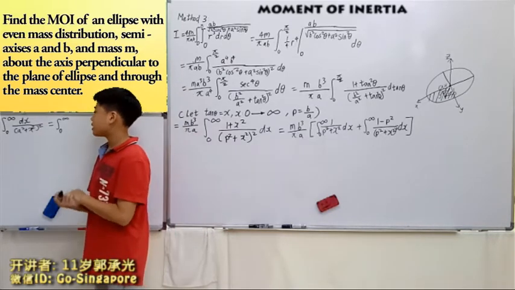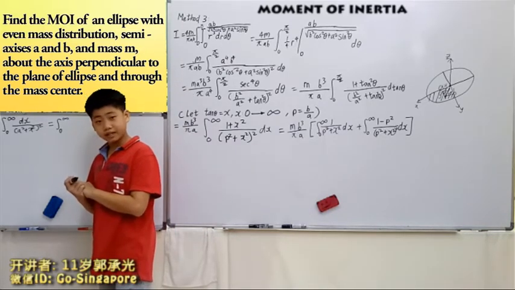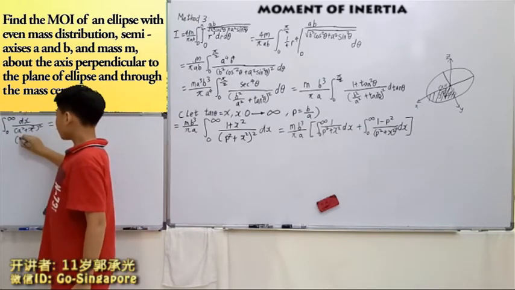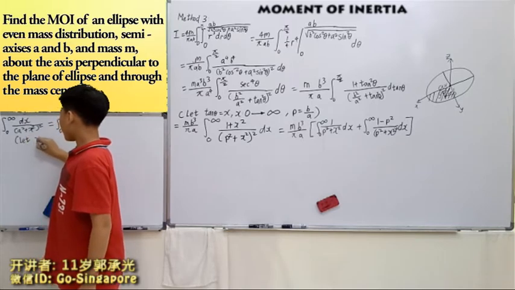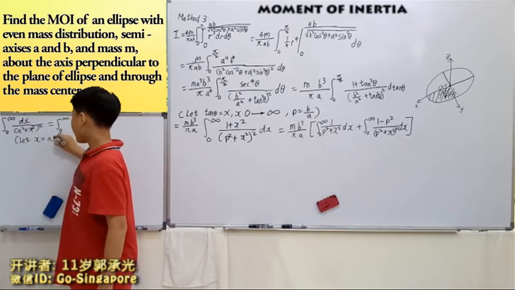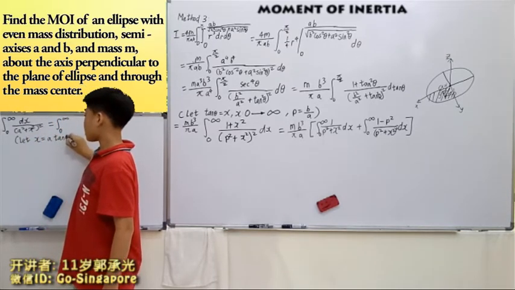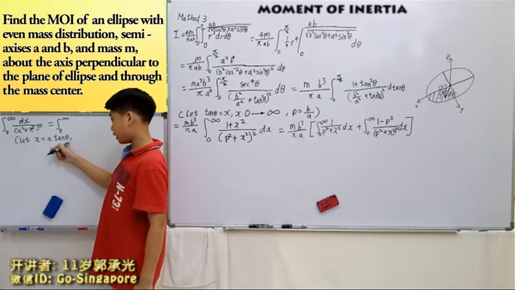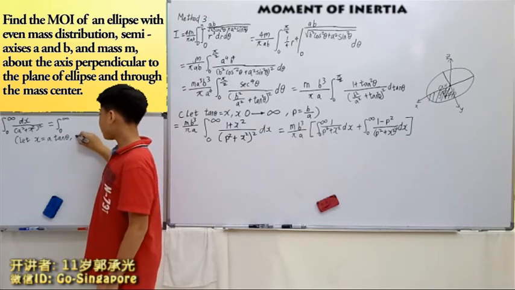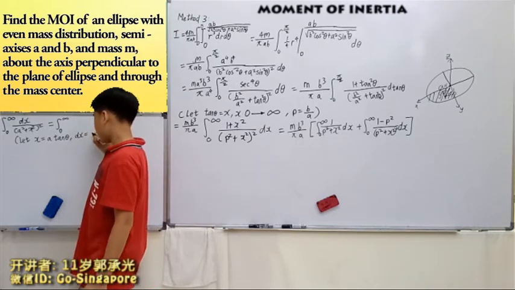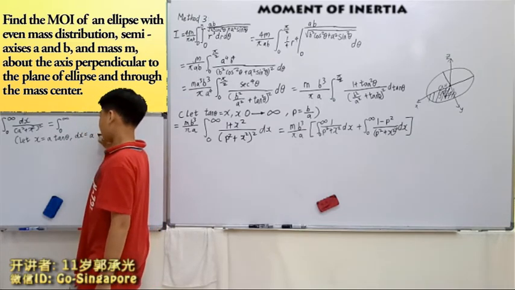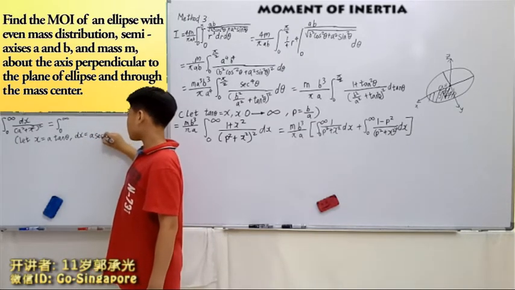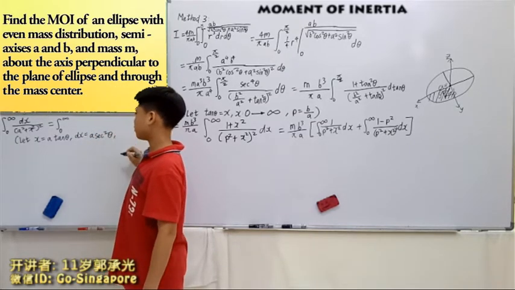I might want an a squared outside. Do you think so? Let's try it. So we can let x be equal to a tangent theta. Then dx would be equal to a secant square theta.